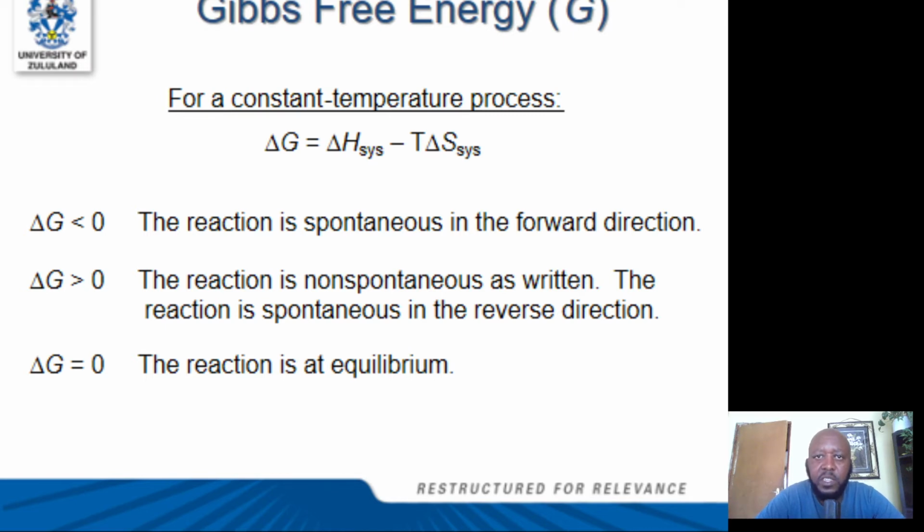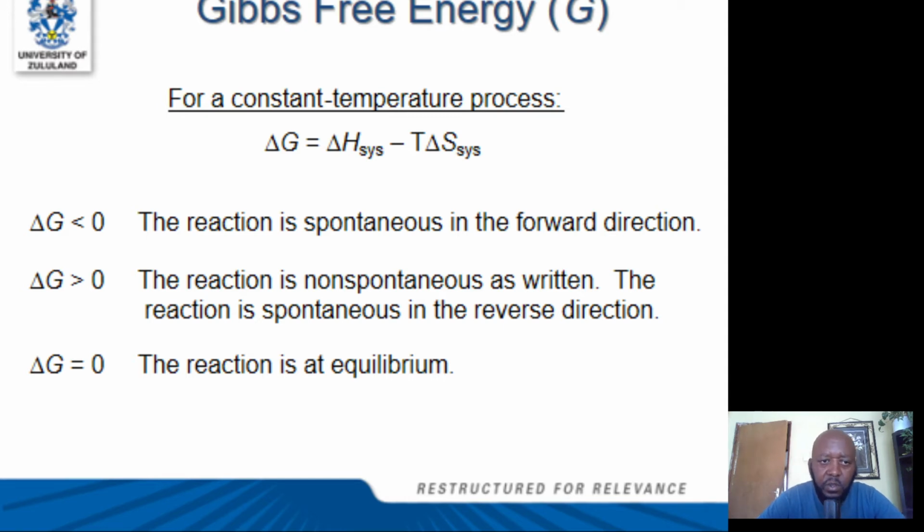We can also have certain reactions whereby the value of G will be greater than 0. And lastly, we can also have equations whereby the value of G will be equal to 0. Greater than 0, less than 0, and equal to 0.